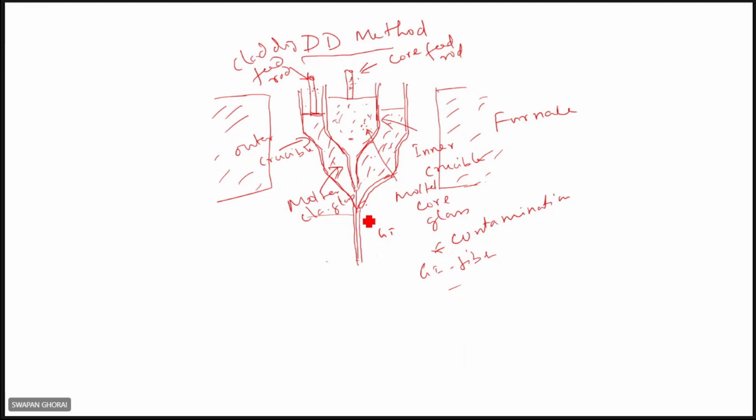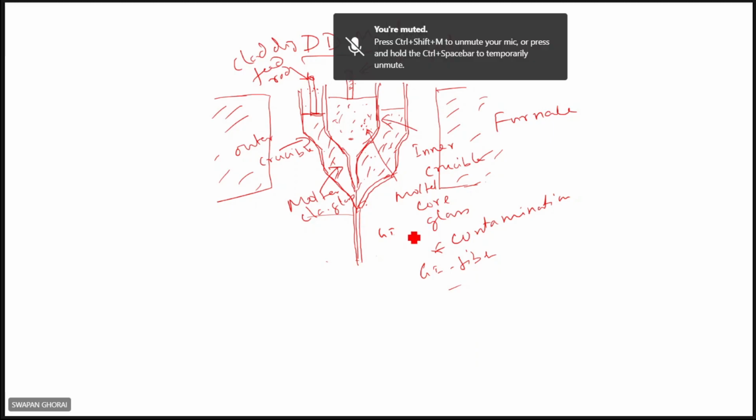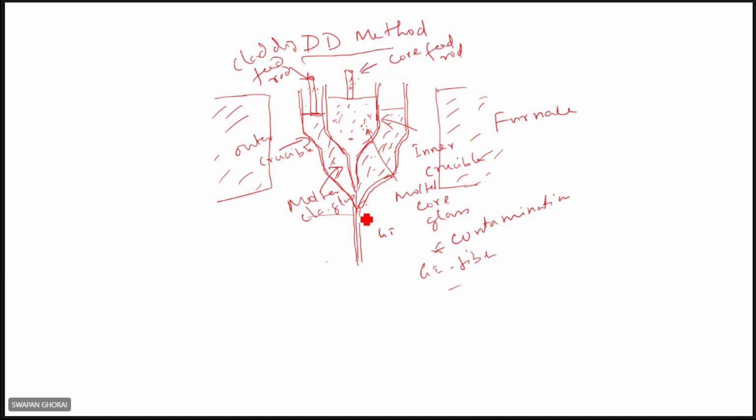For GI fibers, the core should have a particular varying refractivity. So refractivities can be varied, because when the core material comes in contact with the cladding glass, there can be a diffusion process. Because of these things, refractivities will vary, and so you can have very good GI fibers.